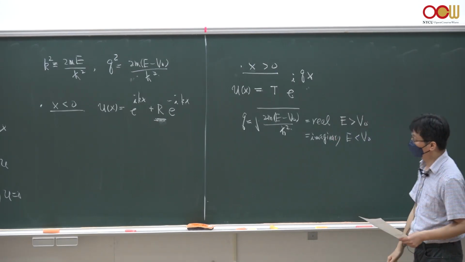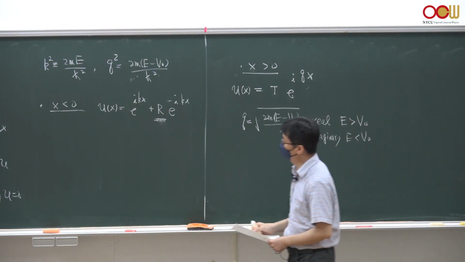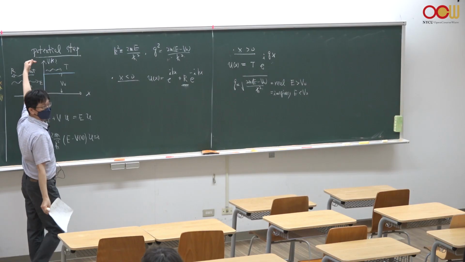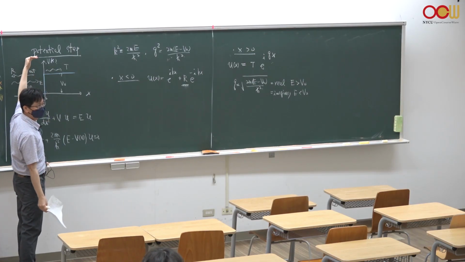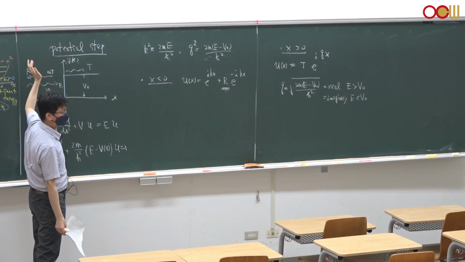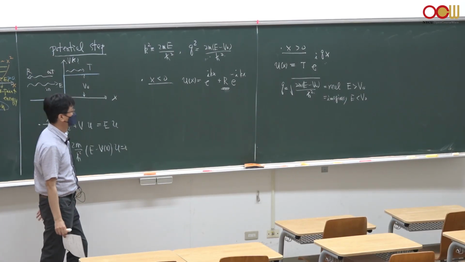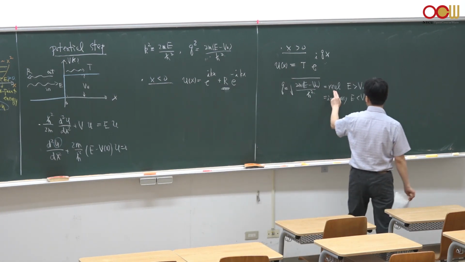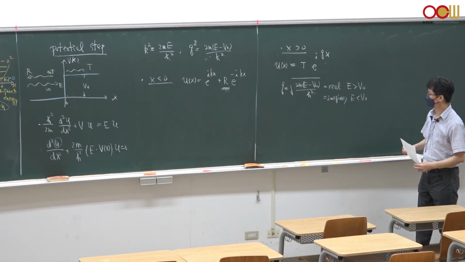If capital E, your incoming energy, is larger than your V0, meaning very high above the potential step, the particle can travel freely to the other side. So this q is a real number.